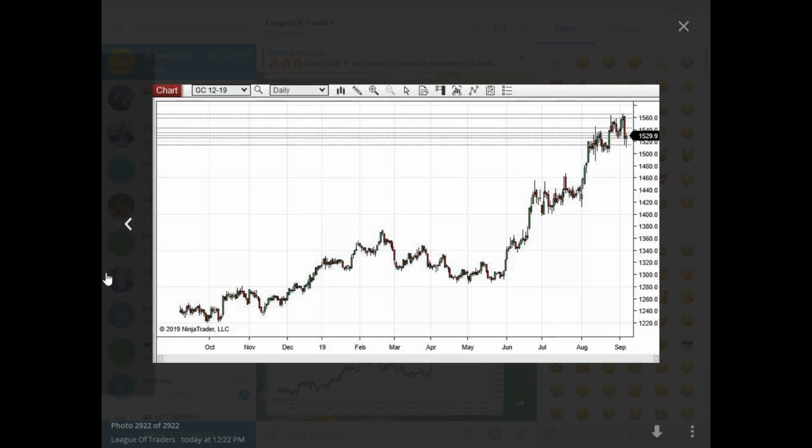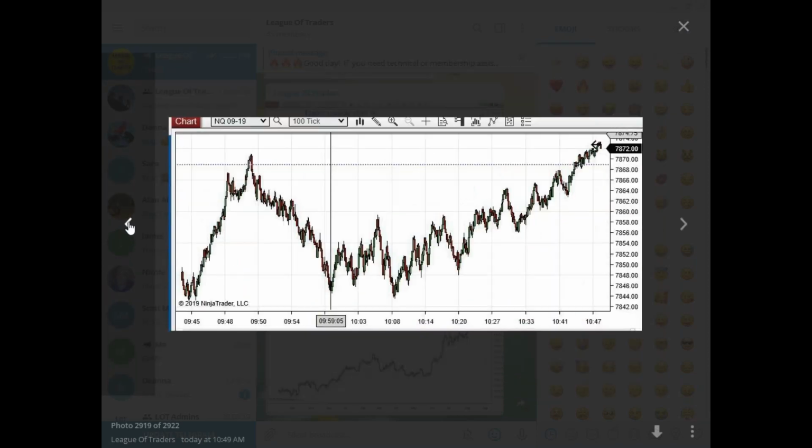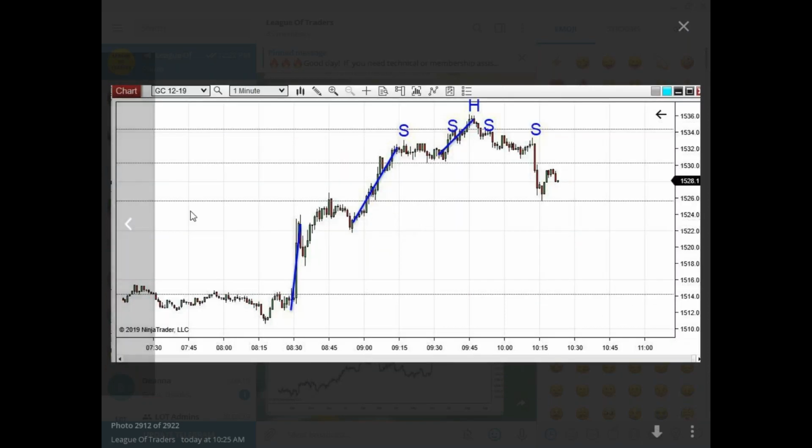So that is gold. You know what? I can show you the other head and shoulders here fast too. So this is the one that I traded this morning on gold. You can see it had a little 2T type of action with a little baby 2T in here. So that's what I shorted.